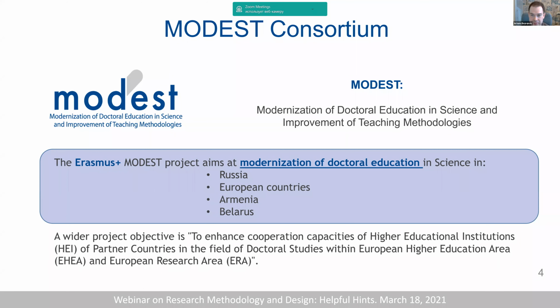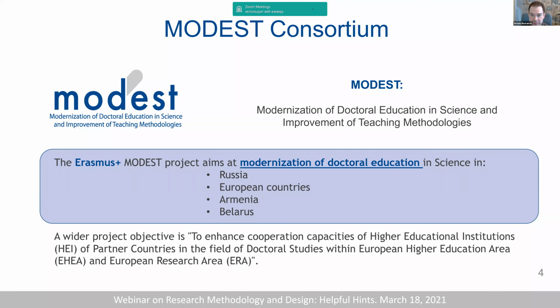Belarus: Yanka Kupala State University, Polotsk State University, Belarus National Technical University, and Yerevan State University, National Polytechnic University of Armenia, and Armenian State Pedagogical University. So that is the list from the website of the Modest Consortium.